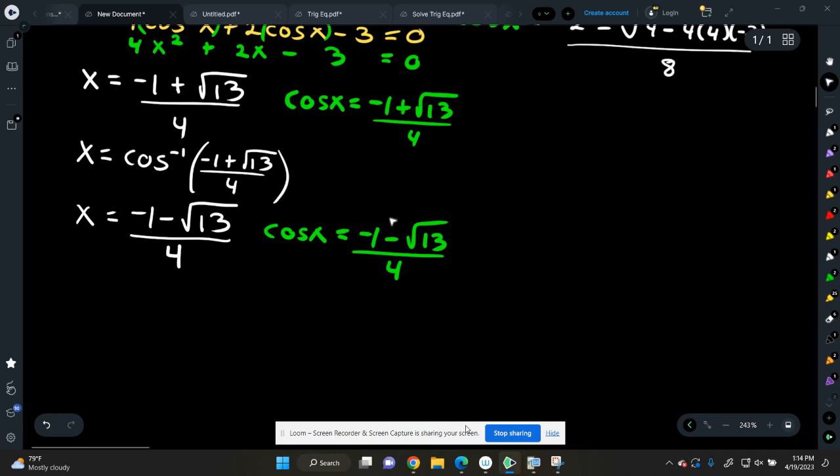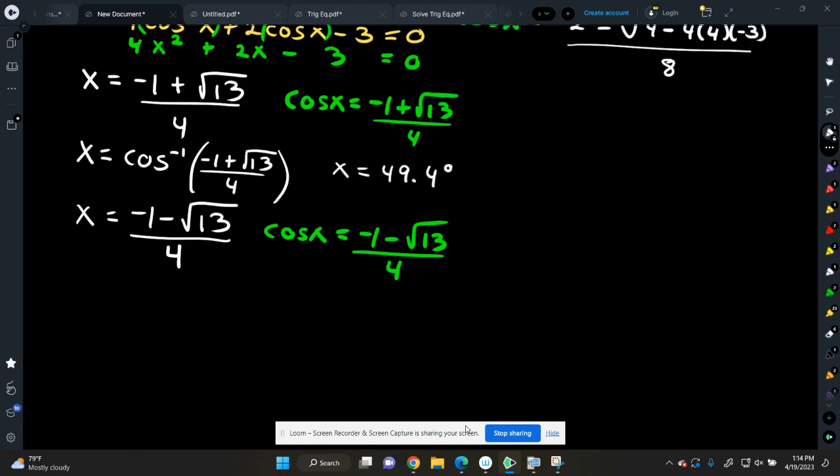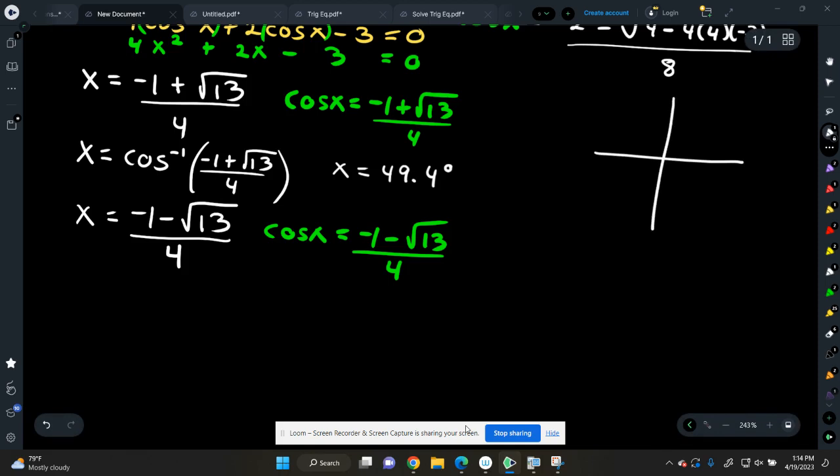49.4 degrees. So x is equal to 49.4 degrees. Okay, what do we have to do with that? Check your unit circle and find the other angle. See if there is another angle. 49.4 degrees, that's right about here.